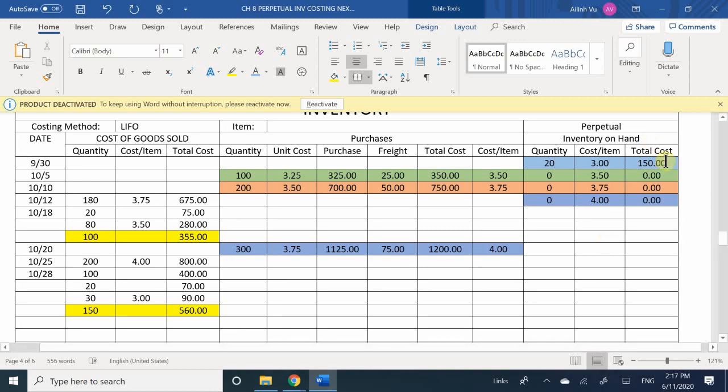And what is 150 minus 90? $60. If we multiply 20 times $3, we should verify that that is correct. $60 is correct. Okay. All right.